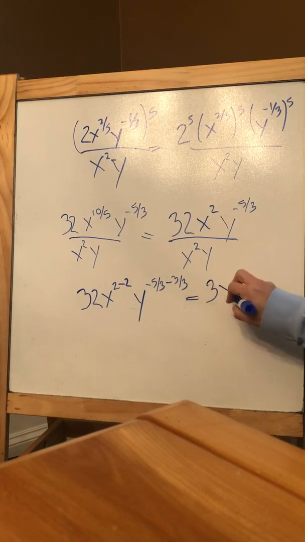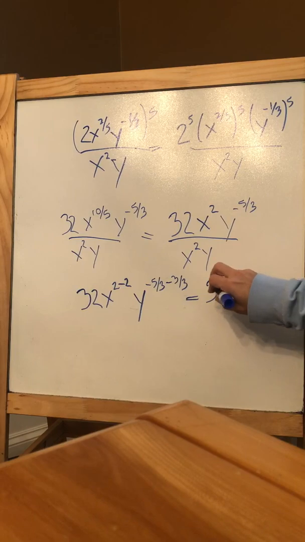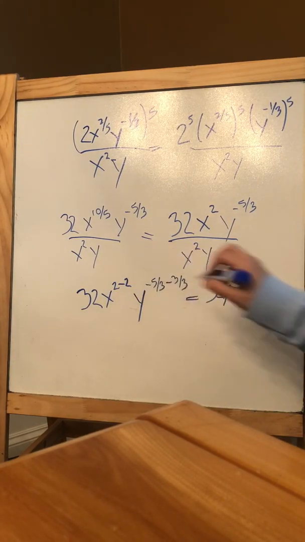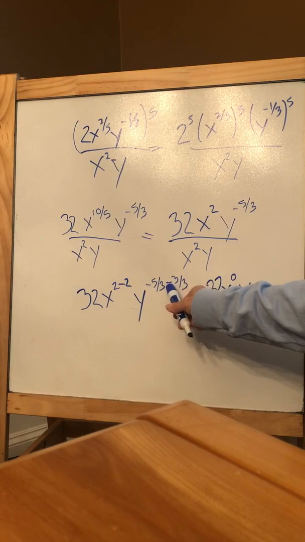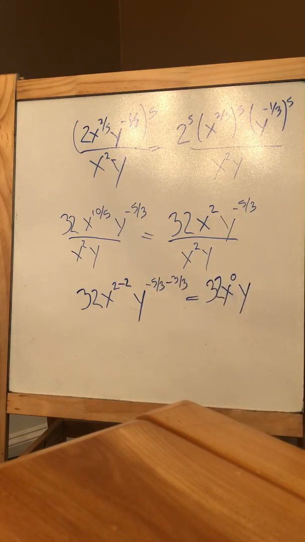So we're going to have 32, x, what's 2 minus 2? 0. And how about y to the negative 5 minus 3? We're going to have negative 8 over 3.